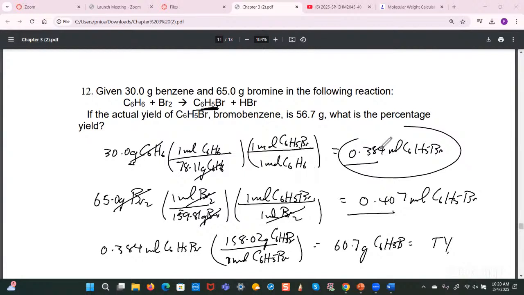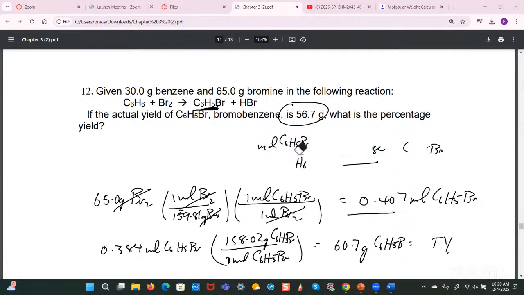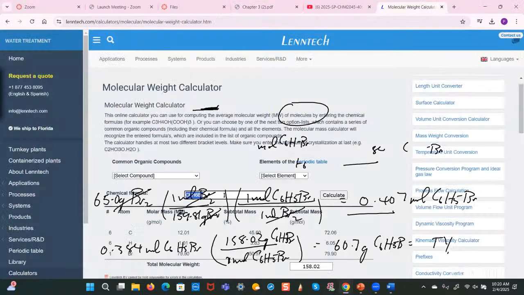But the actual yield is given here. So to find the percent yield, let me just erase this line up here. Professor, you have Br as 159, but then you have all of them as 158. Hold on. Oh, okay, thank you. Let's check something. C6H5Br.